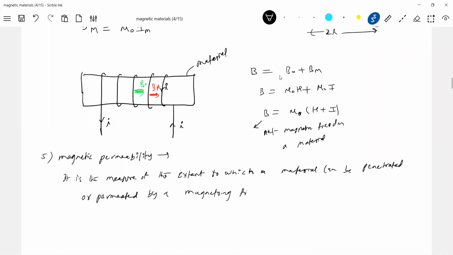So this is defined as mu, the symbol is mu, which is equal to B by H. Or B is equal to mu into H. Next, similarly, relative permeability.